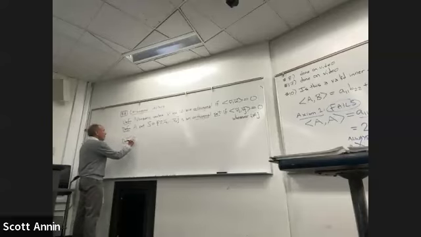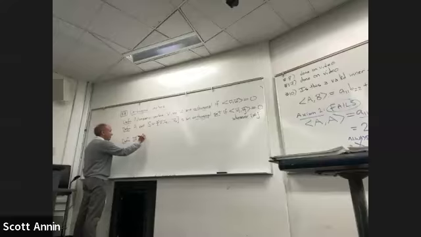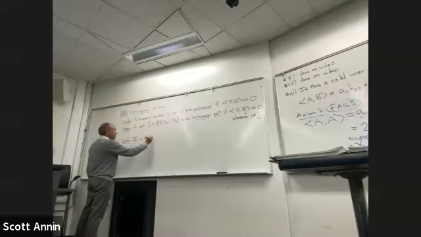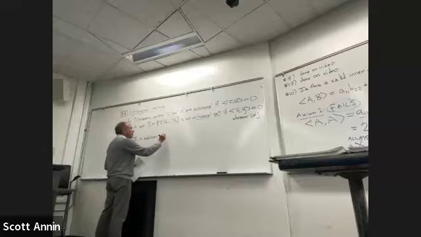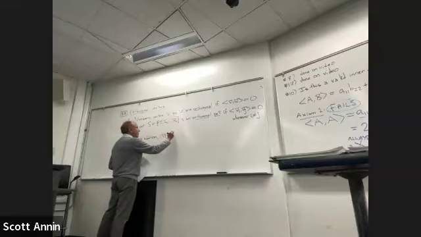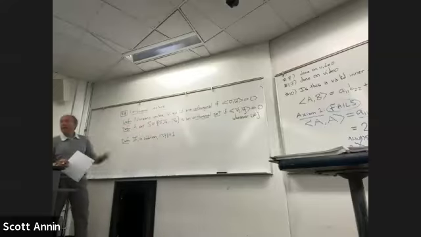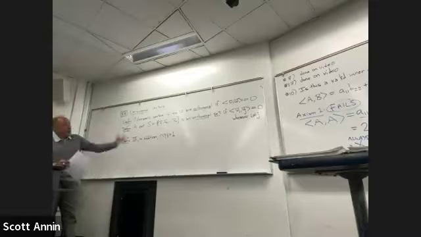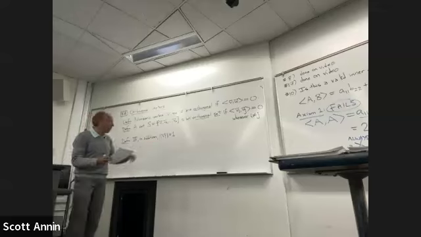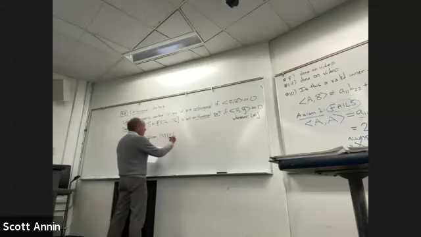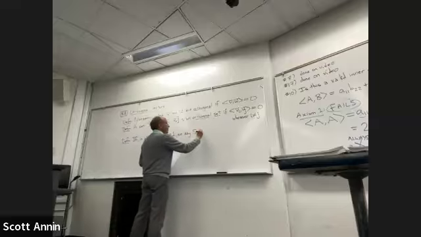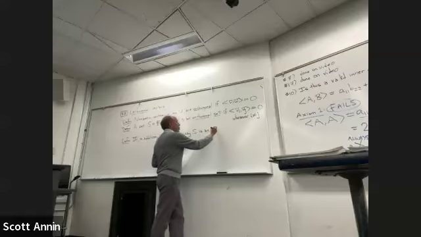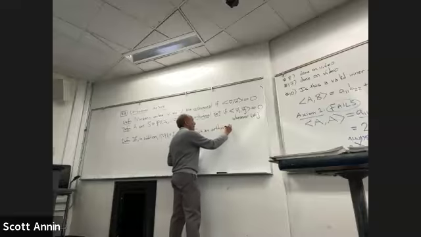If, in addition, the norm of each one of these vectors v_i has a length or a magnitude or a norm of 1, then we say S is an orthonormal set.